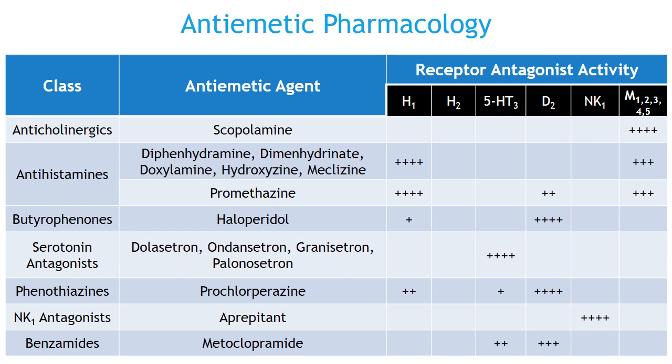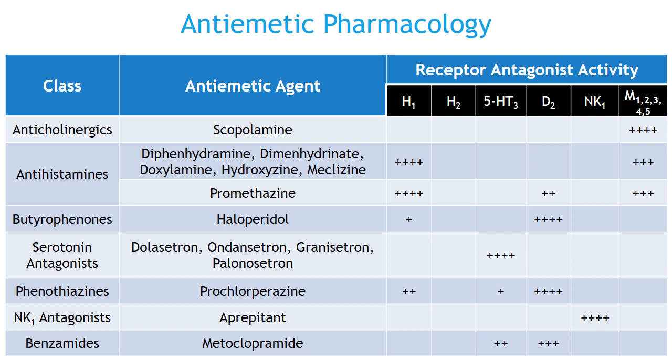Next would be phenothiazines, such as prochlorperazine, or Compazine was the old brand name that you might see from time to time. That is similar to promethazine. I don't think I looked up its muscarinic receptor activity, so I'm not 100% sure, but it was more important for me that you understand that it's that dual histamine and D2 effect.